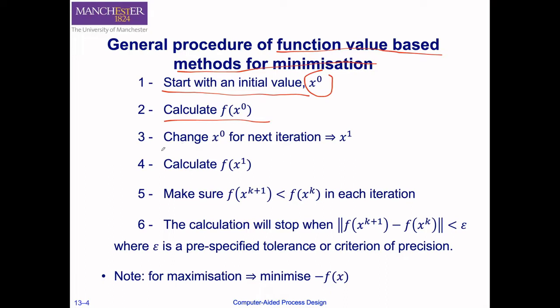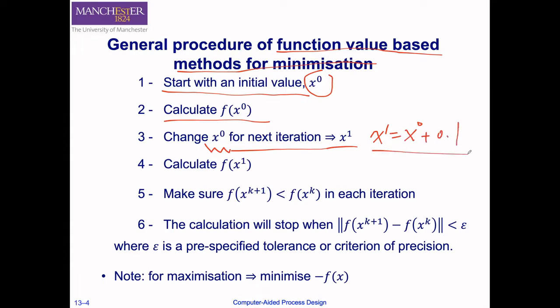After that, we will use some strategy to find another trial point x1 for the next iteration based on x0. For instance, we can simply let x1 equal x0 plus 0.1.